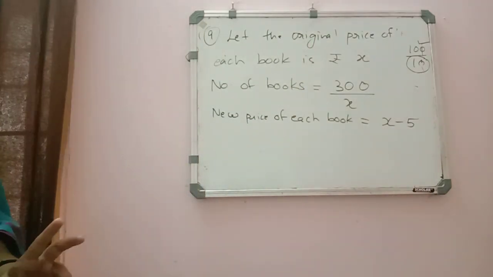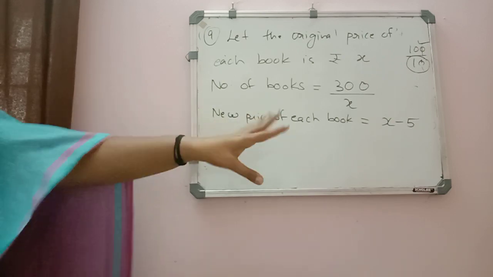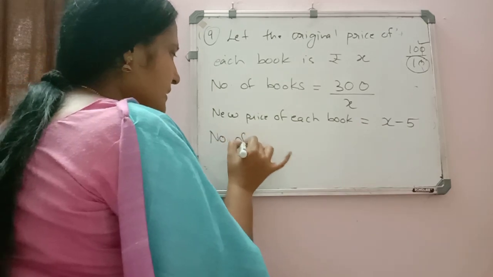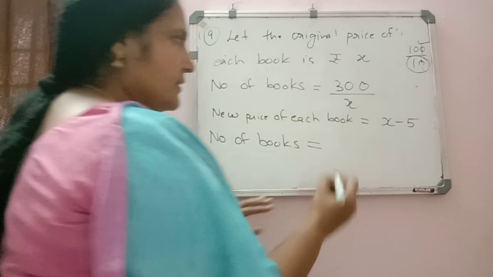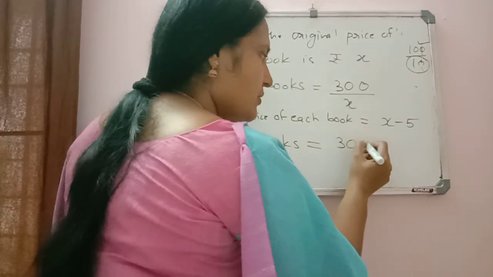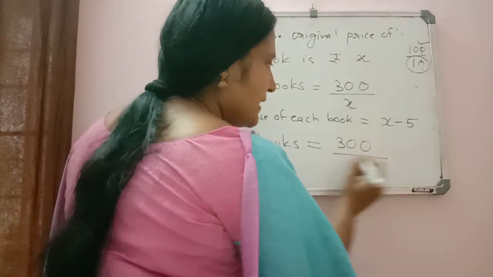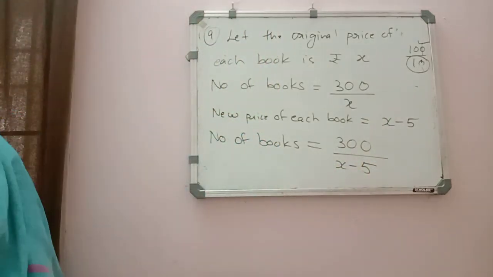Now the person can buy 5 more books, that we will check afterwards. Again we will check with this price how many books we can purchase. We have total money 300 only and the price of each book is X minus 5, so the number of books is equal to 300 by (X - 5).